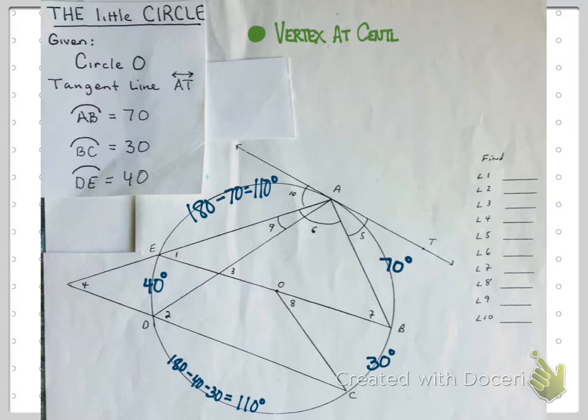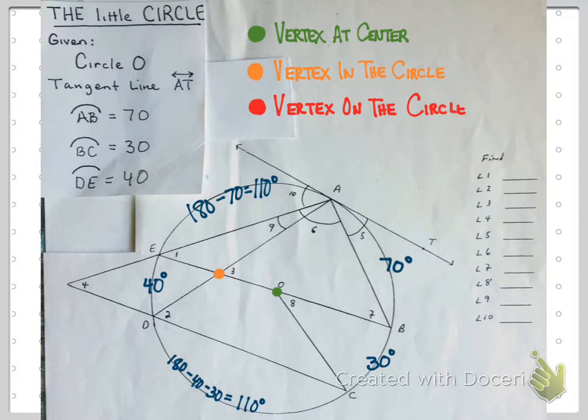The first type of angle is an angle with its vertex at the center. This type of angle is called a central angle. The second type of angle that can be formed is an angle with its vertex in the circle. In this problem, we only have one of those, that's angle 3.